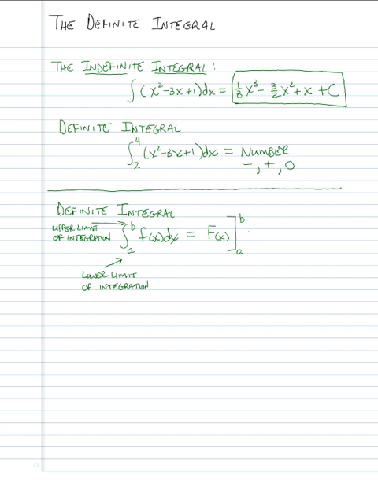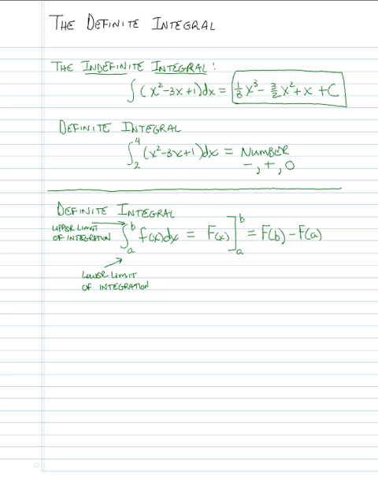And what this means for us to do is to take the number B and put it into the function capital F. And then we subtract what we get when we take the lower number and put it into the function capital F. So remember, capital F is a function, and when we do F of b, we'll get a number, and when we do F of a, we'll get a number, and when we subtract those two numbers, that is the value of the definite integral.